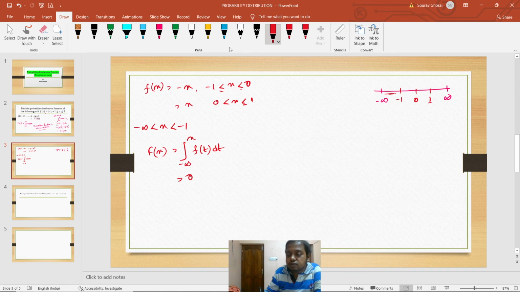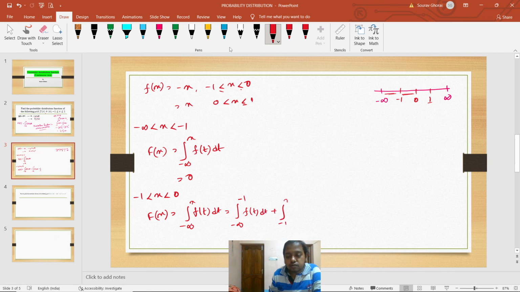In the next region, which is given, that is -1 to 0, -1 less than x less than 0. In this case F of x is the integral from minus infinity to x of f of t dt. Since the distribution function is cumulative, we can write it as the integral from minus infinity to -1 of f of t dt plus the integral from -1 to x of f of t dt.